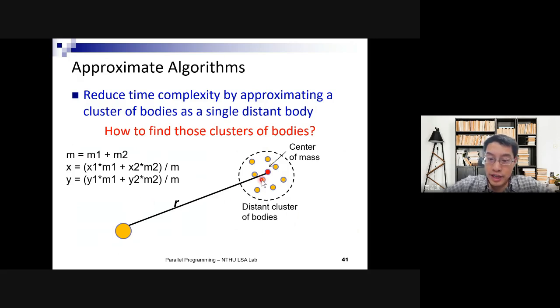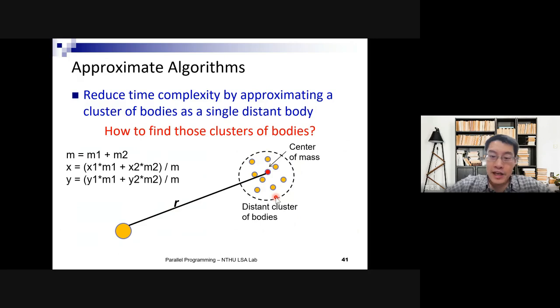So if we say the distance from the mass center to the object is r, and say the diameter of this circle that includes all the objects is L, then L should be much smaller than r. If it's small enough, then we can approximate them together.